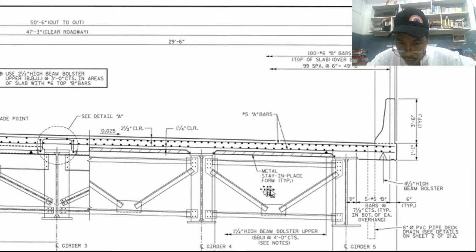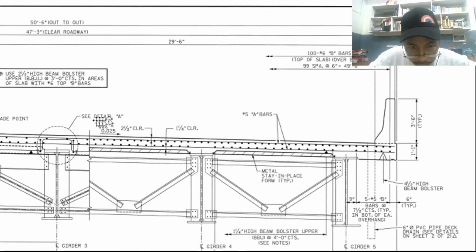So this is the form work. A form work is defined as temporary, but it is stay in place. So it will not be temporary. It is permanent because it will stay in place. So that is the edge of the formwork. So there is a formwork like that. So that is from the center of the girder, that is 1 foot. Okay? At the dimension of the formwork.